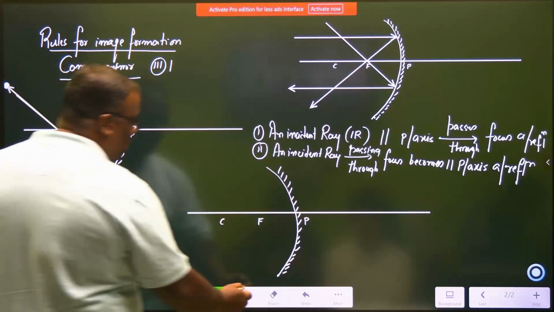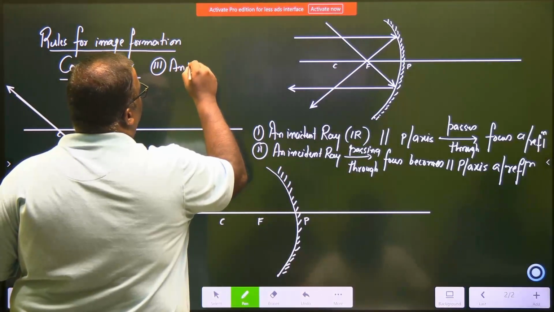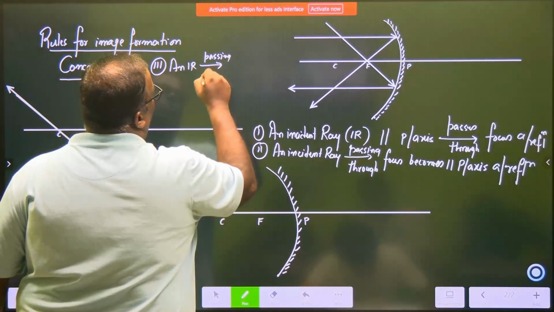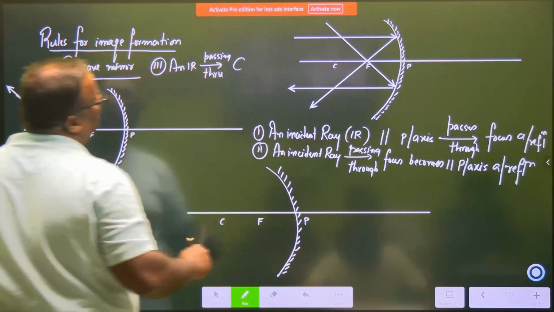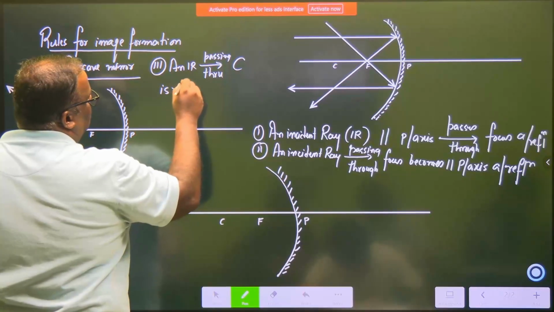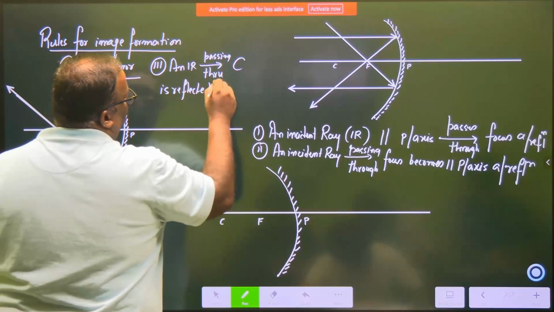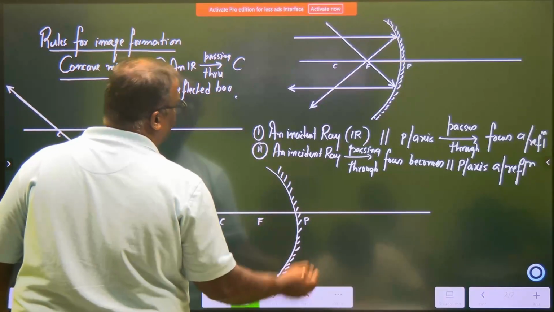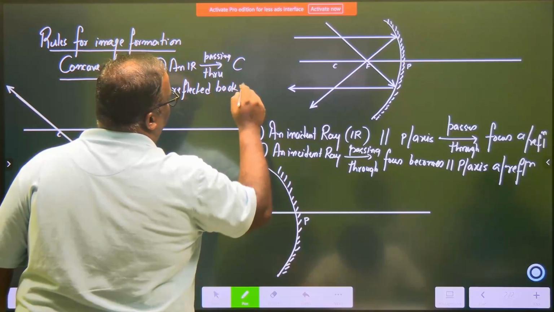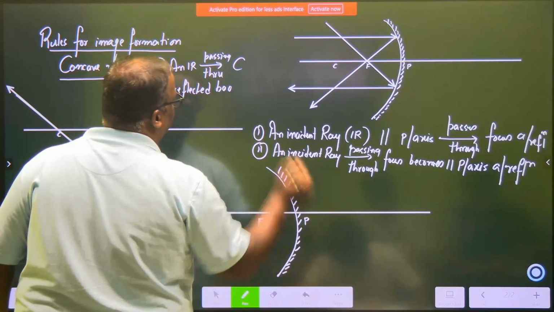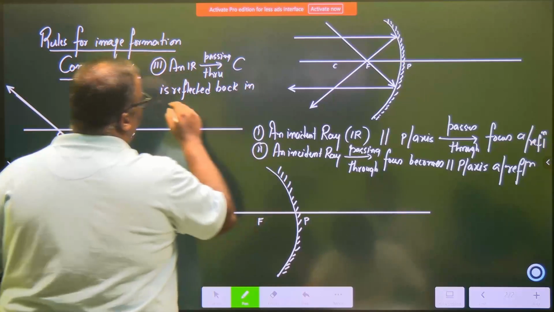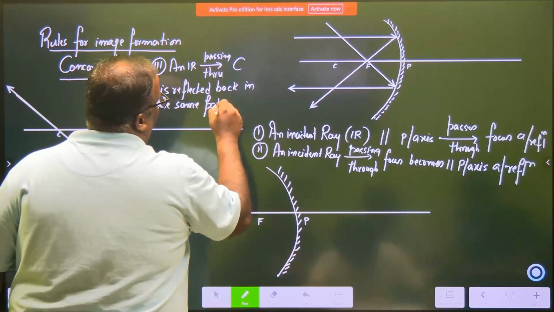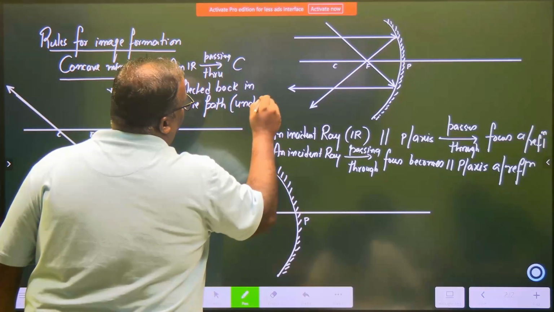ठीक है, तो उसी को इंग्लिश में लिखेंगे: an incident ray passing through the center of curvature C is reflected back in the same path, which means it is undeflected.